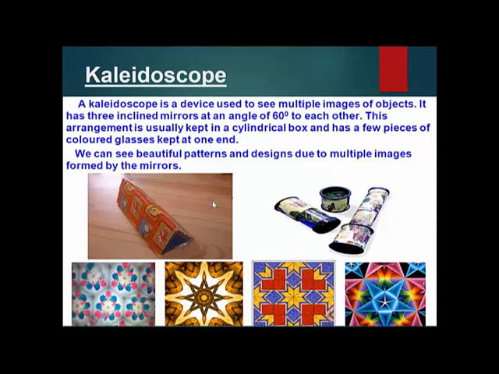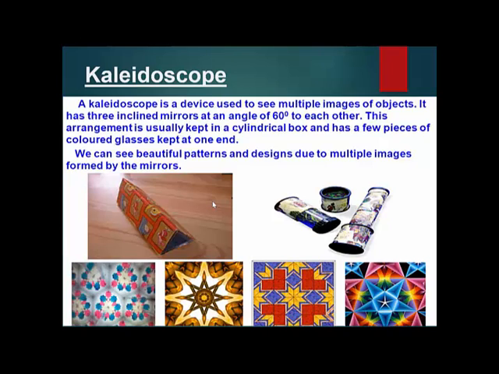Now in this class we will start with the kaleidoscope. This kaleidoscope is a device which I'm sure most of you have made previously. In our science exhibition, I'm sure some of you must have made this kind of kaleidoscope. What is a kaleidoscope?